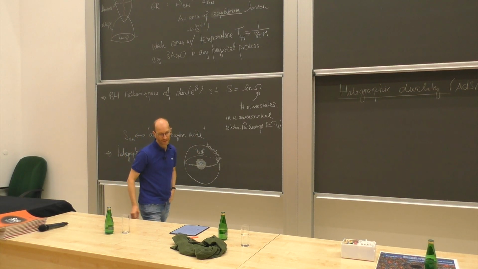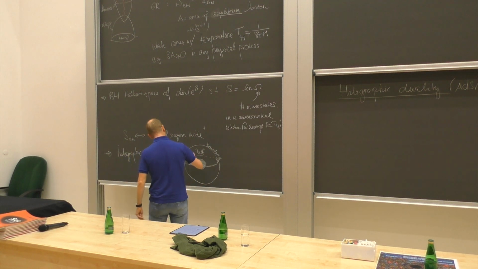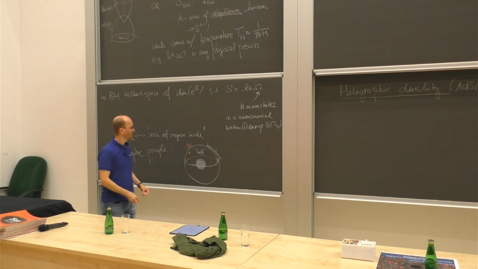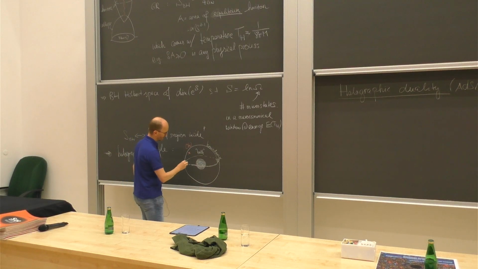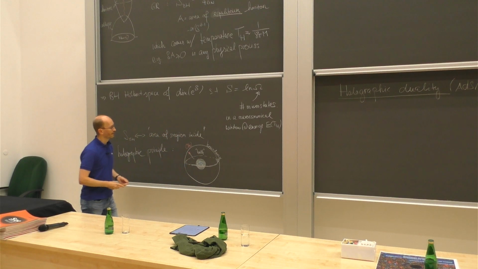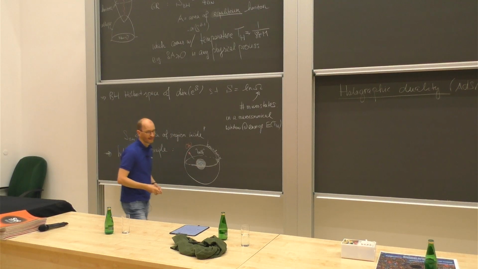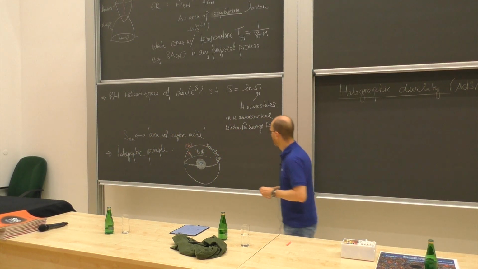The classic way of doing it would be to probe it by looking at what happens if I consider correlation functions of operators O in this boundary theory. You're supposed to think of this cross here as being inserted on the sphere that surrounds this ball. And this will interact with the degrees of freedom that are inside.